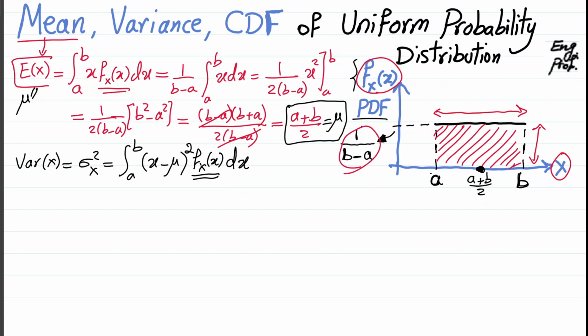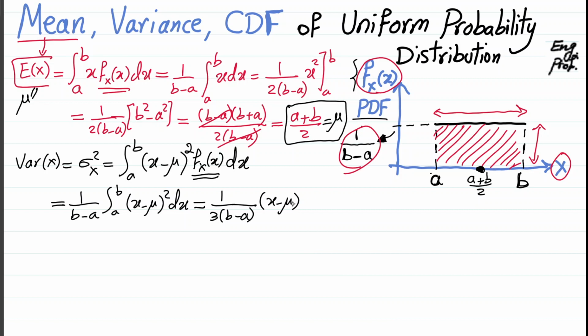Therefore the variance of x is the integral from a to b, with f of x equal to 1 over b minus a pushed outside: 1 over b minus a, integral from a to b of x minus mu squared dx. But mu is a constant, so this integral simply becomes 1 over 3 times b minus a, times x minus mu cubed from a to b.